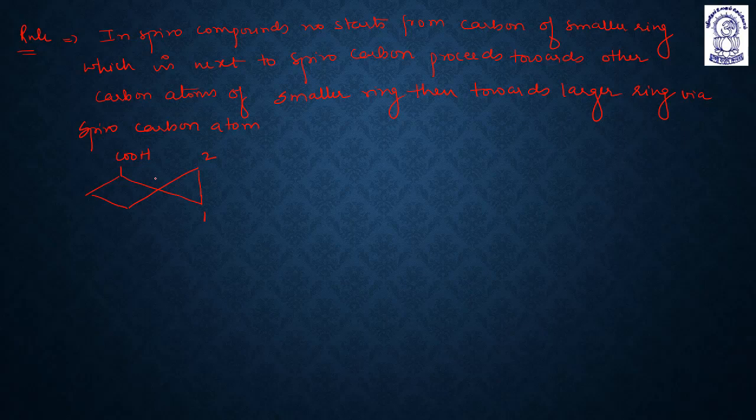One, two, three, four, five, six. So it comes spiro 2 comma 3, increasing order, hexane 4 carboxylic acid. Understood?